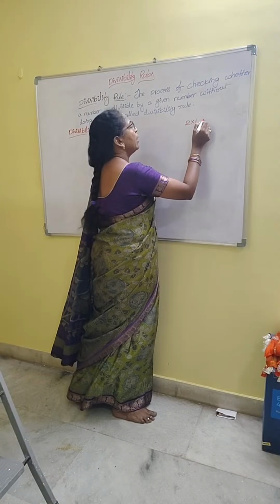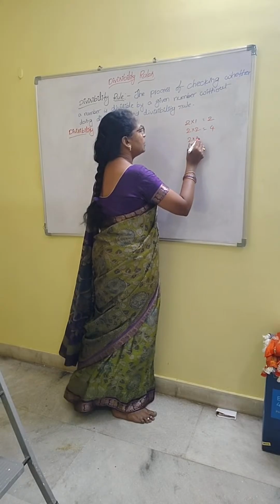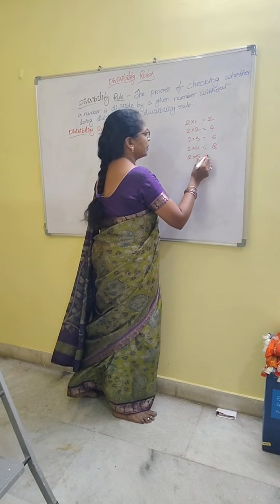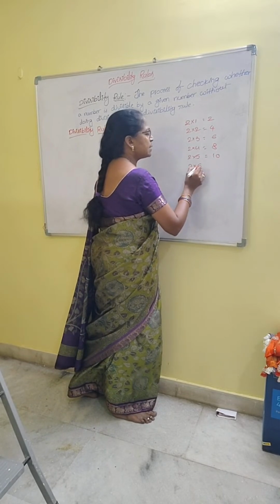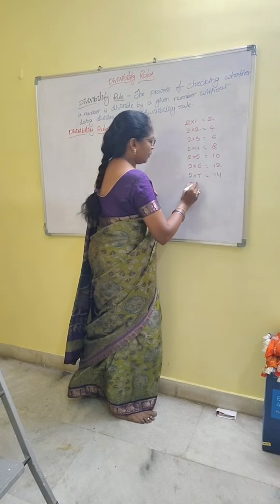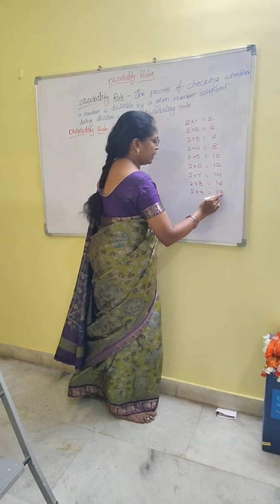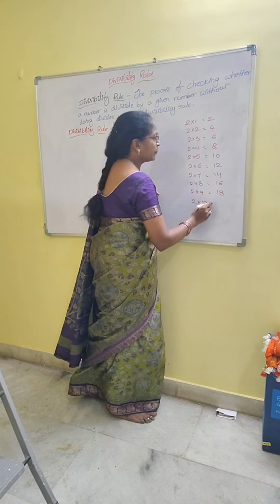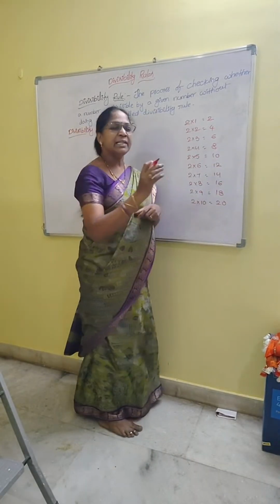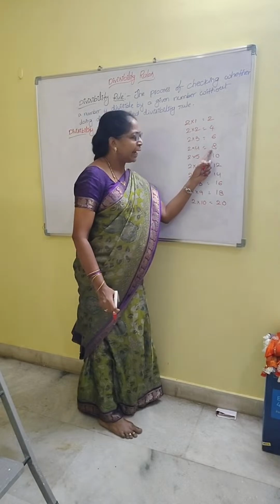You can find it out: 2 ones are 2, 2 twos are 4, 2 threes are 6, 2 fours are 8, 2 fives are 10, 2 sixes are 12, 2 sevens are 14, 2 eights are 16, 2 nines are 18. Observe only the unit digit place of the number: 2, 4, 6, 8.